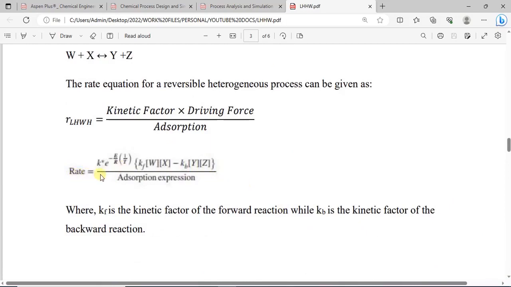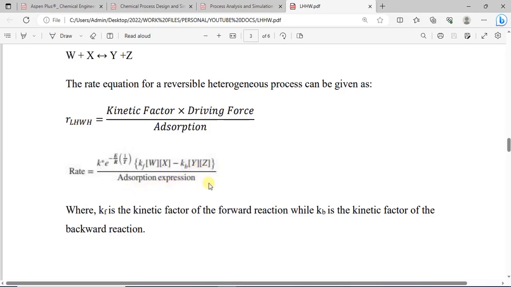You have rate is equal to k, multiplied by e raised to the power minus E over RT, into KF, which is the kinetic factor of the forward reaction multiplied by the concentration of the reactants, minus KB, which is the kinetic factor of the backward reaction multiplied by the concentration of the products, all over the adsorption expression, right?